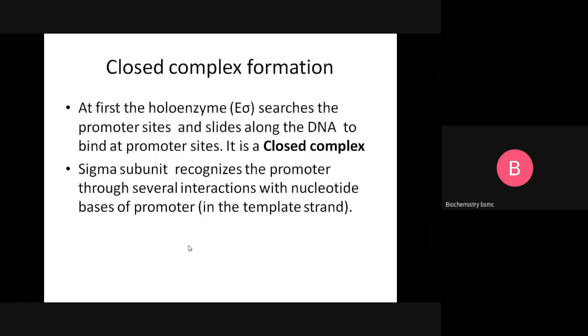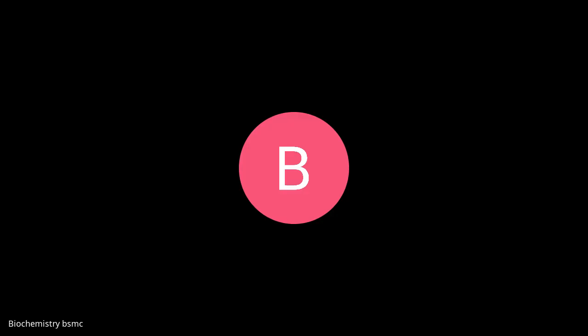Next, formation of the open complex. So this is very important. Once the promoter is located, E sigma, what is E sigma? E sigma is the holoenzyme.